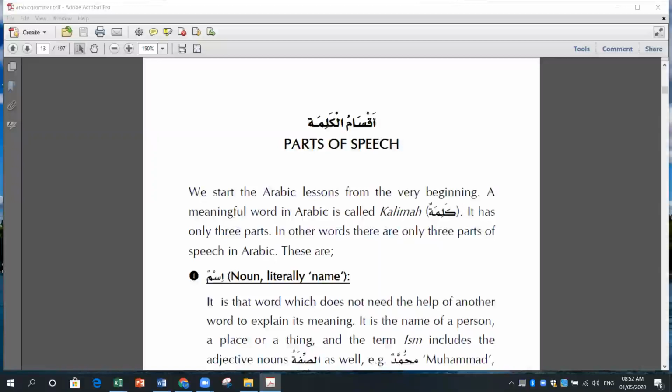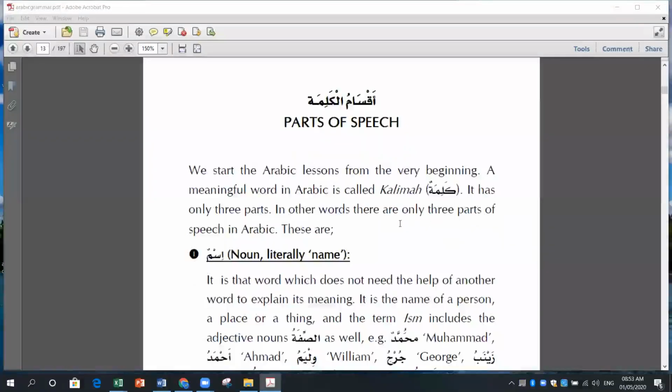Okay. So, Vinita, how many parts of speech did we discuss last time? There are three parts of speech in Arabic grammar: ism, which is noun; fi'l, that is verb; and harf, which is particles, prepositions, and conjunctions. And we discussed that a major part of the grammar is ism, noun.